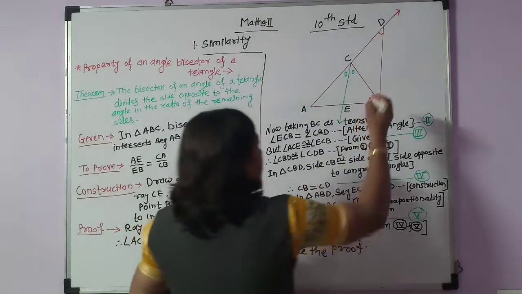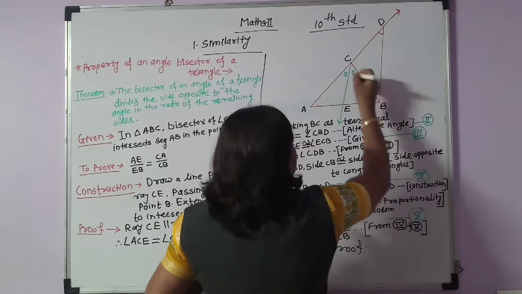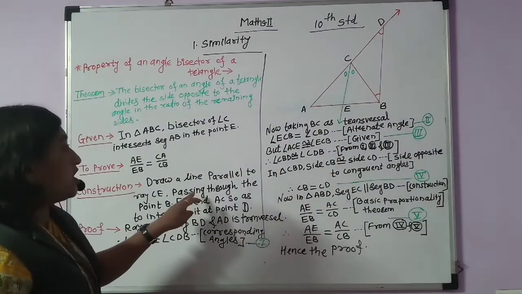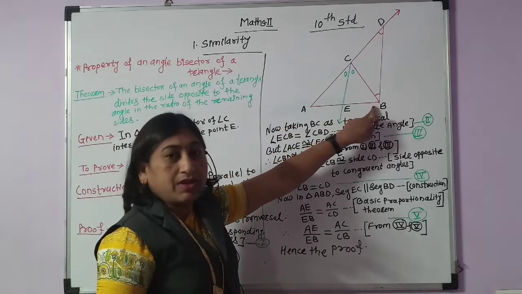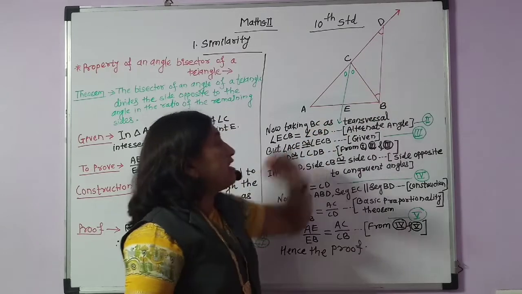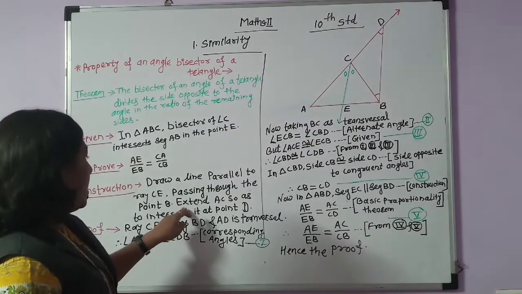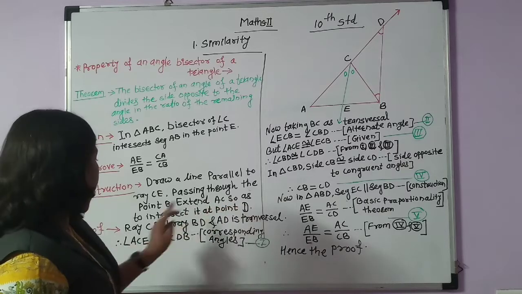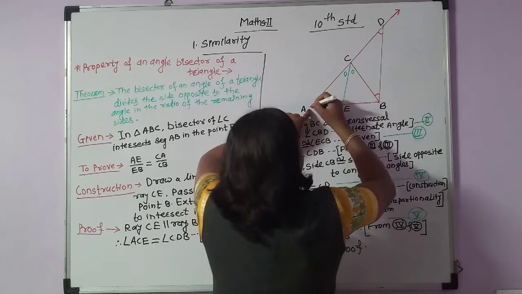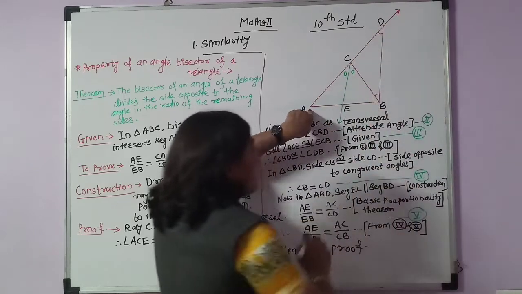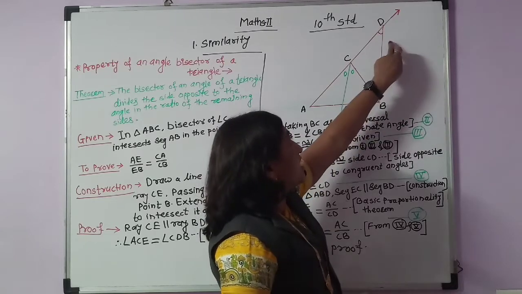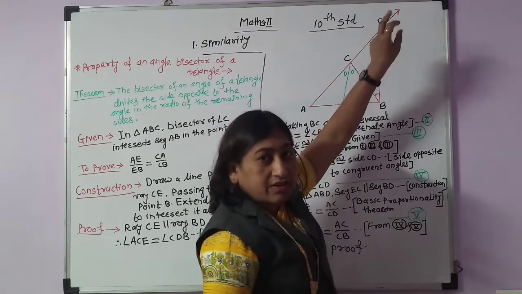That means we draw the line BD parallel to this ray CE, passing through the point B. Extend AC so as to intersect it in point D. That means we extend this line AC in such a way that it intersects line DB at point D.